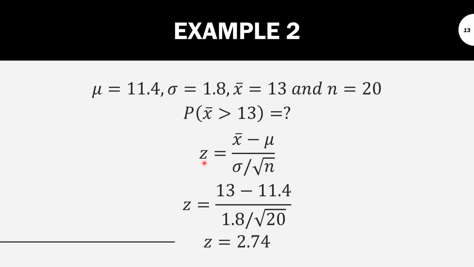So we have here z equals x bar, or the sampling mean, minus population mean, all over the population standard deviation divided by the square root of the sample size. Since we have these values, we're just going to plug it in and then solve for z. And if we're going to input this in our calculator, we should arrive at 2.74.